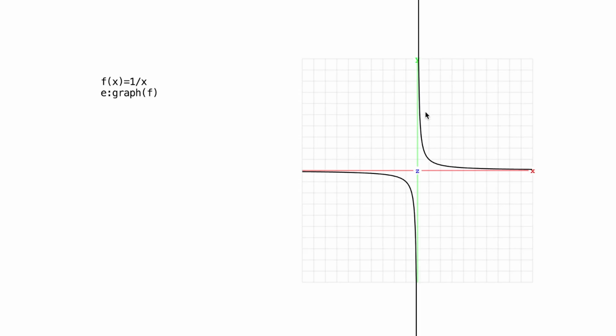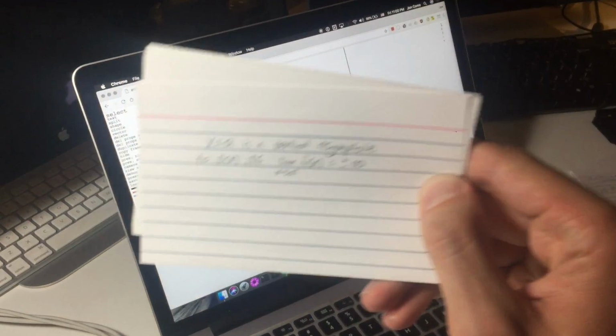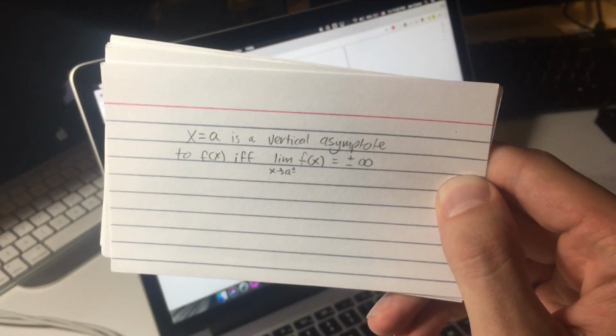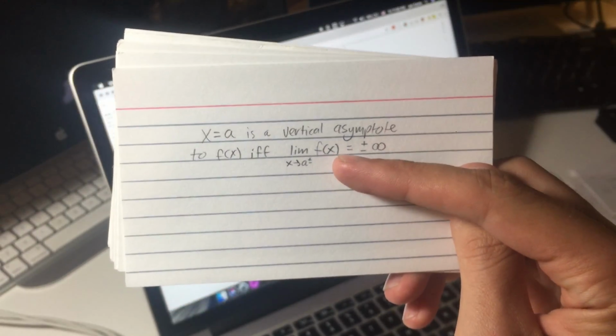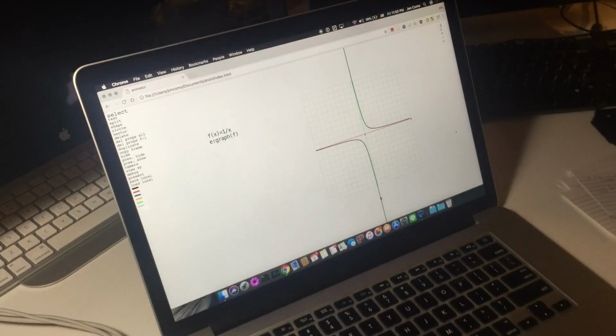And as we approach 0 from the left, the output is shooting way down, going to negative infinity. And so we would say that 1 over x has a vertical asymptote at x equals 0 because the output goes to plus or minus infinity. So there you go, there's a use for limits, vertical asymptotes, which are pretty cool things.